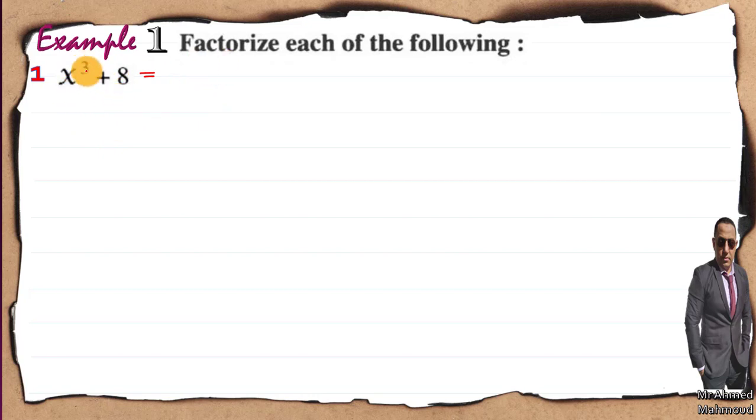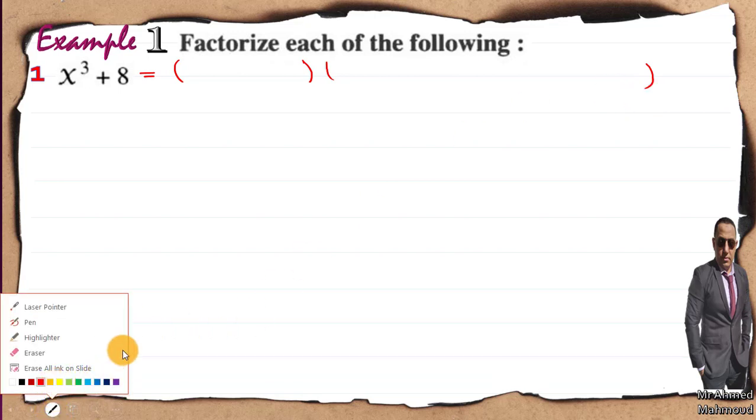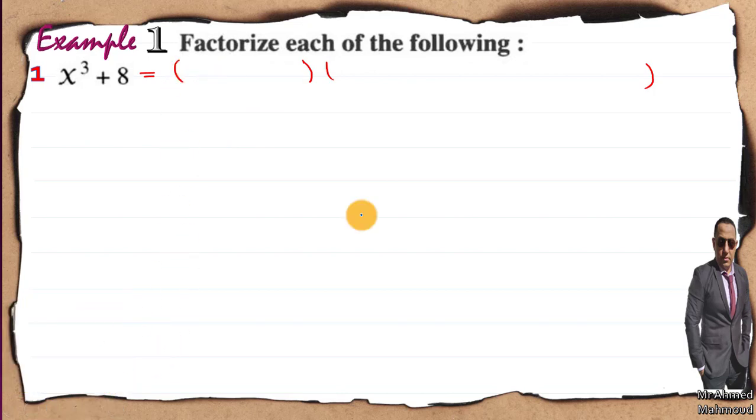So here I have x power 3, this is cube, so I'm going to open small bracket and big bracket, and after that I'm going to write the sign as I said before. Here I'm going to write the same sign, here opposite sign to this, and here this is always positive. Okay, this is the sign.